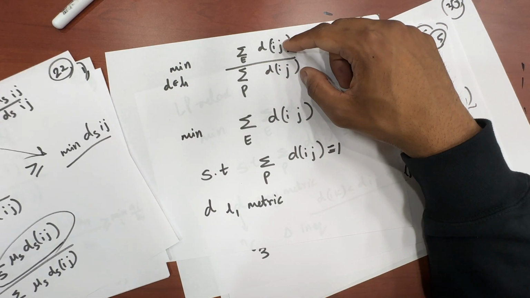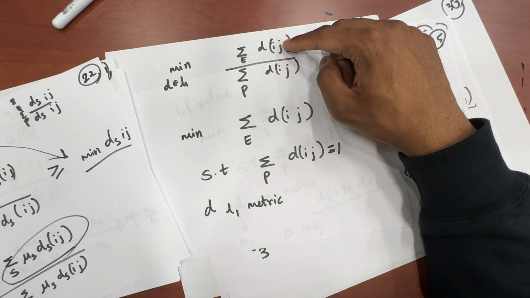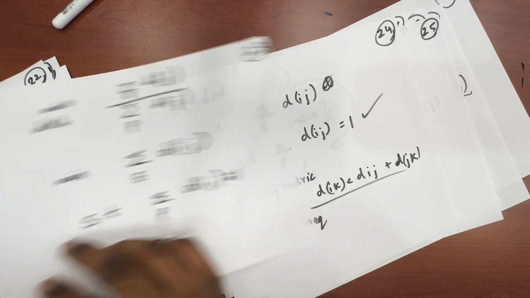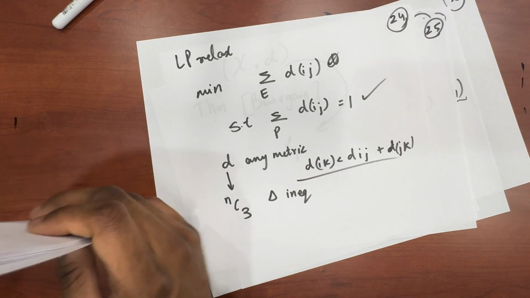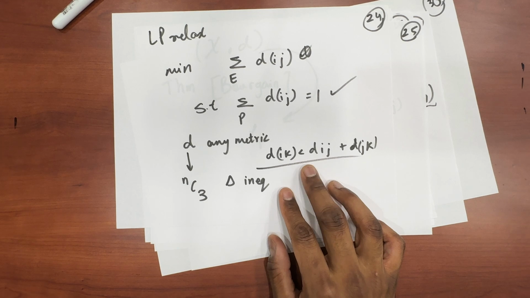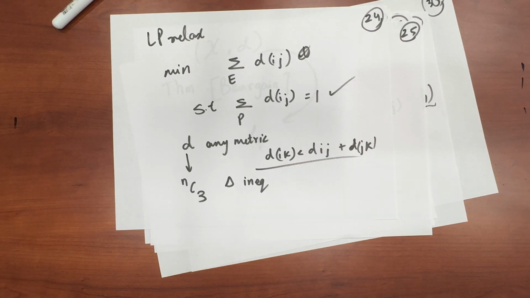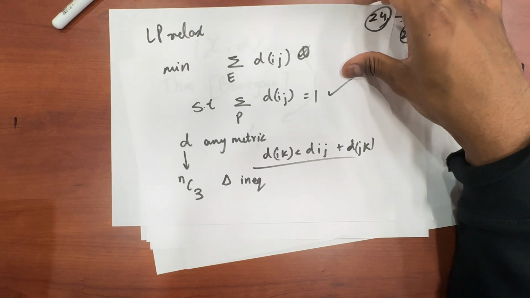So I find the minimum over L1 metrics. I cannot do that, let's say. I don't really know how to do the L1 thing. So I relax it and make it any metric. Any metric just needs to satisfy all of these n choose 3, or n cubed, inequalities. So I do the relaxation.